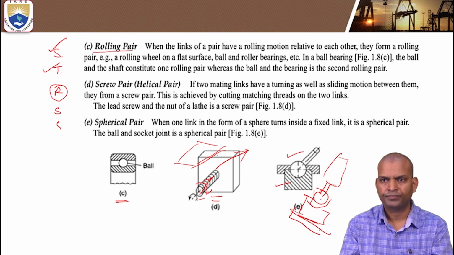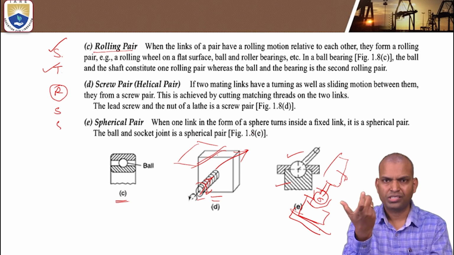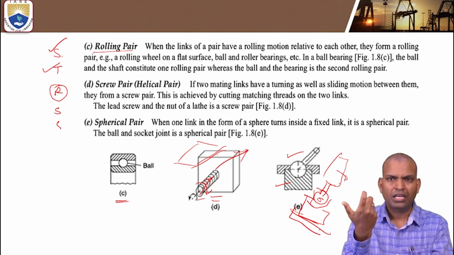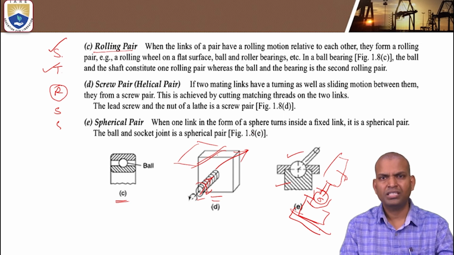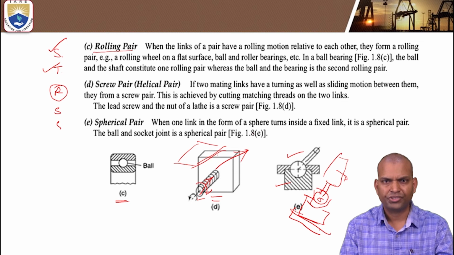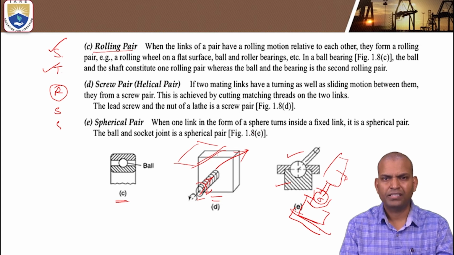The mirror can be adjustable in different directions, with rotations at the same time. Because of the spherical pair only, this will happen. Not only that, you can see the spherical pair in tractors, where tractors are used for plowing agricultural fields.